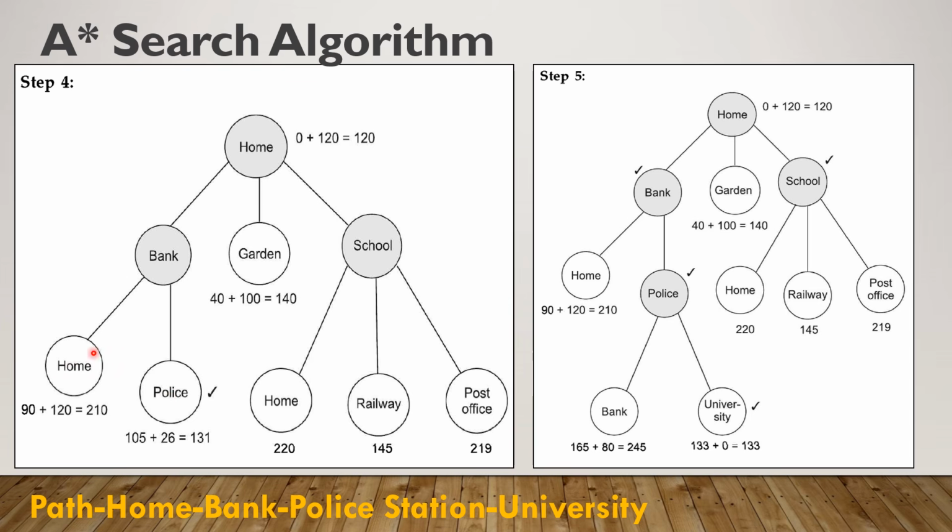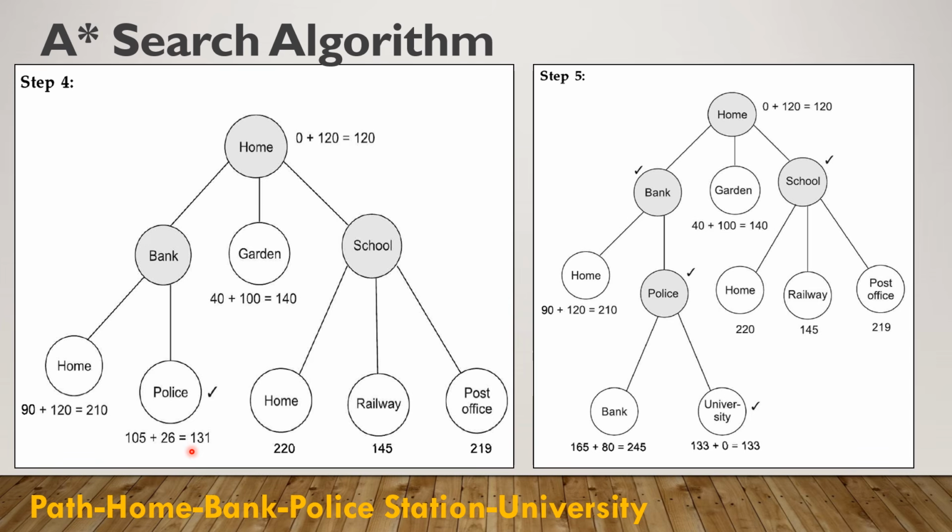For home, what is the f of n value? 210. And police station? 131. Now looking at the diagram, the leaf nodes available are 210, 131, 140, 220, 145, 219. Compared to all the f of n values, police station has the lowest.